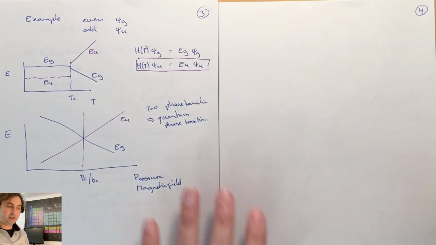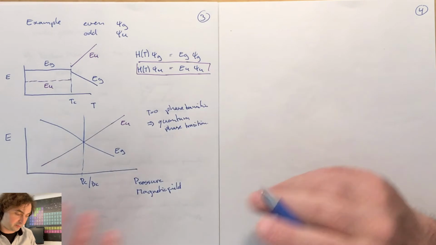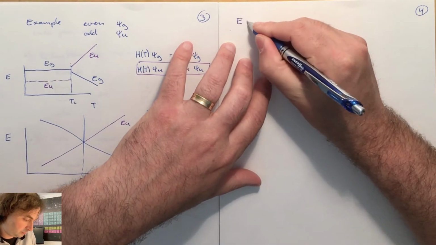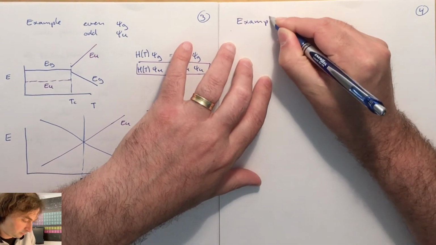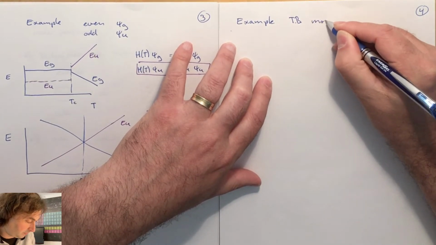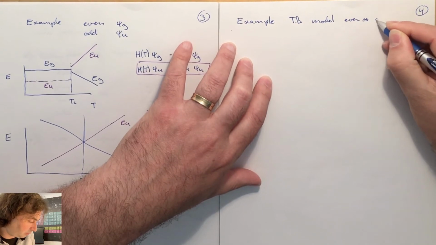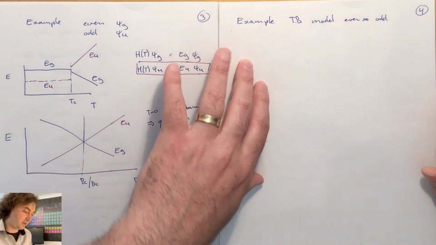Now let's have a look at a tight binding example where we have an even to an odd phase transition. A tight binding model with an even to odd transition.